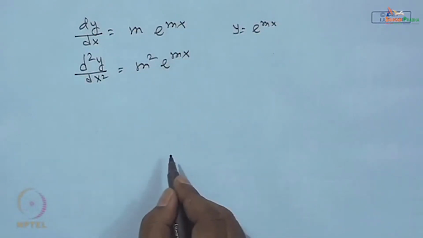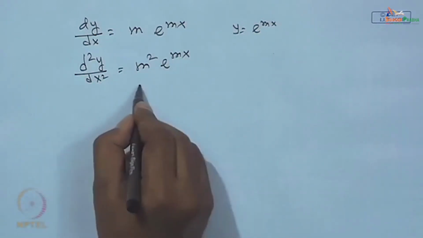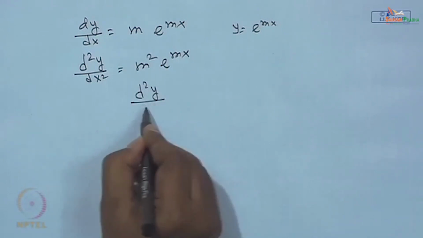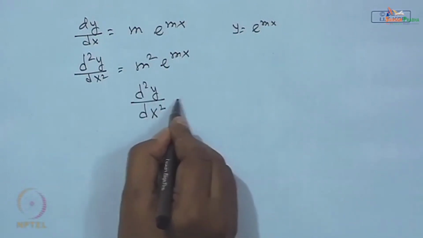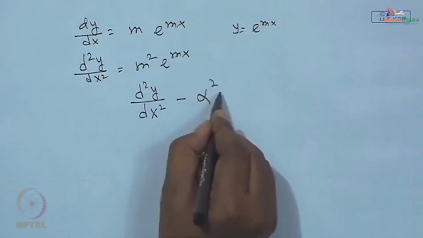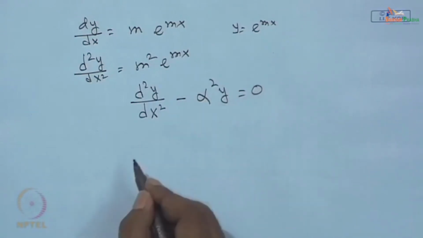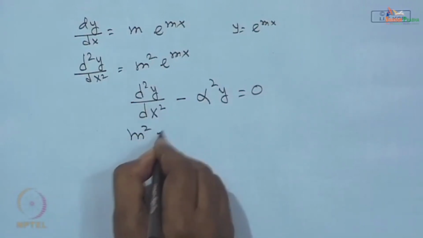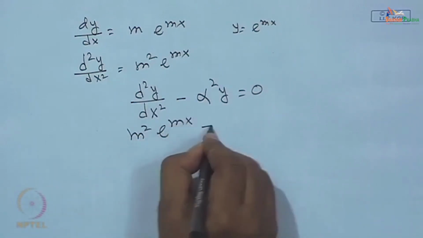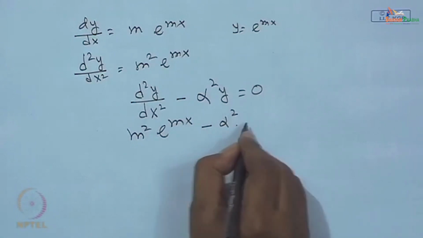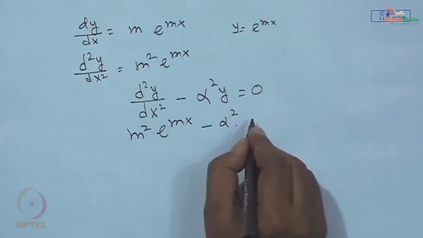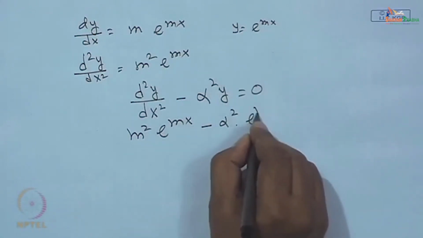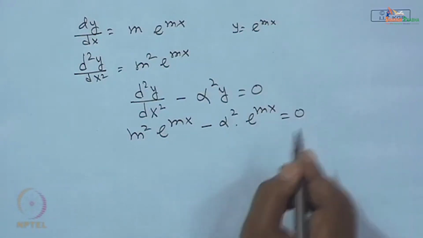Now, we put all these values in the differential equation. The differential equation is d square y dx square minus alpha square y is equal to 0. If we put this here, m square e to the power m x minus alpha square times y, which is e to the power m x, is equal to 0.